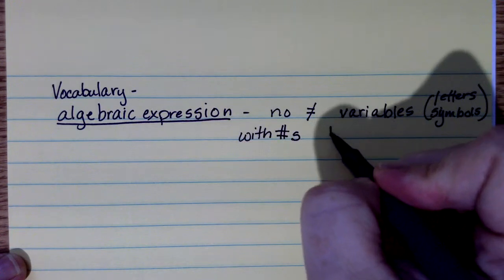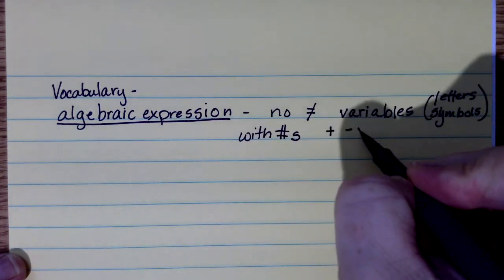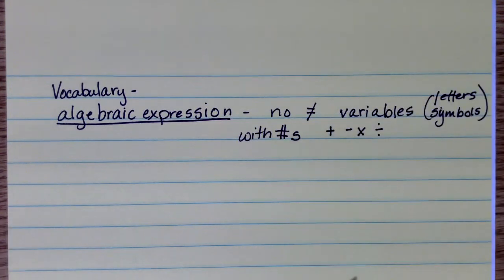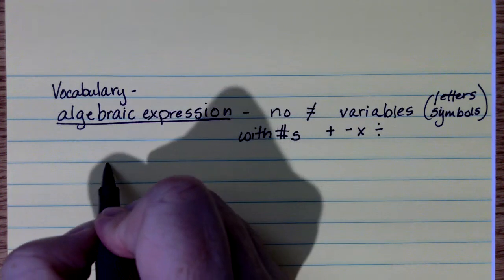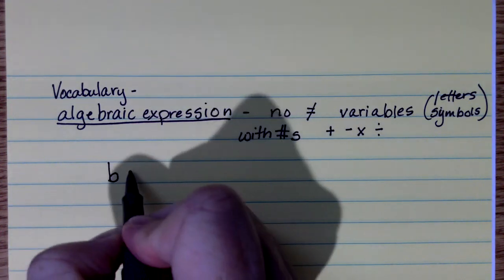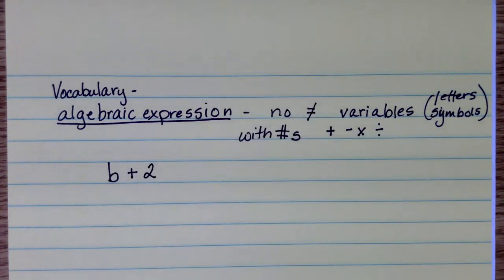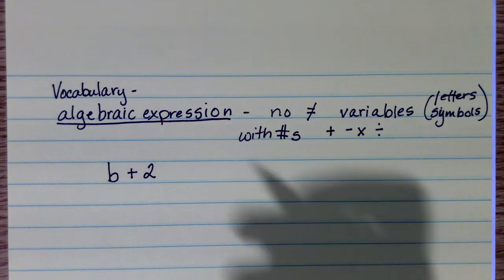So it's going to use addition, subtraction, multiplication, and division. So an example of an algebraic expression would be b plus 2. Okay, that is an algebraic expression.